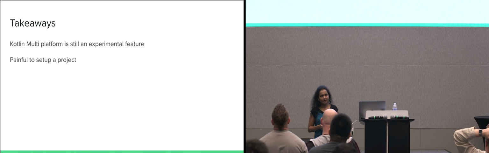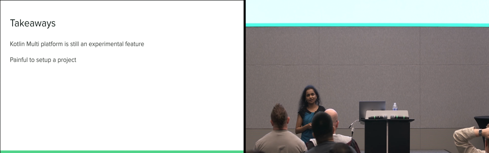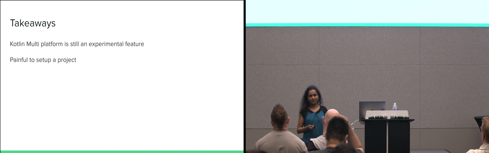And one thing that I noticed was setting up the project is very difficult. First I tried using IntelliJ IDEA, which already had a couple of options to create multi-platform projects for Android, iOS, and for JS. But when I used that, I had to make a couple of other changes.